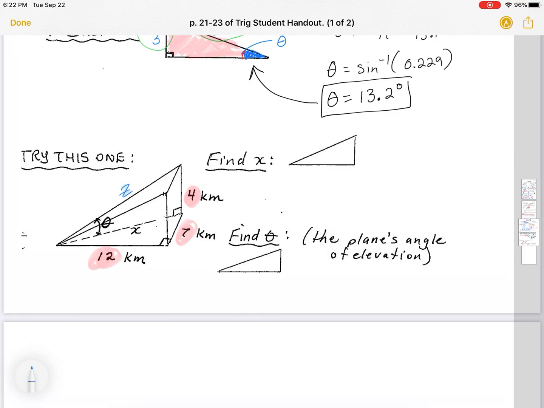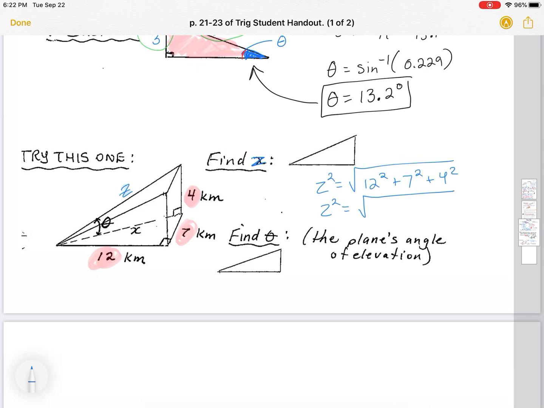We are looking for that z up there, right? So finding that z, we're going to use that expanded Pythagorean formula. So z is going to equal the square root of 12 squared plus 7 squared plus 4 squared.